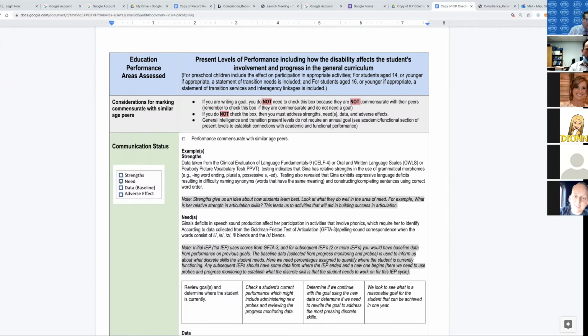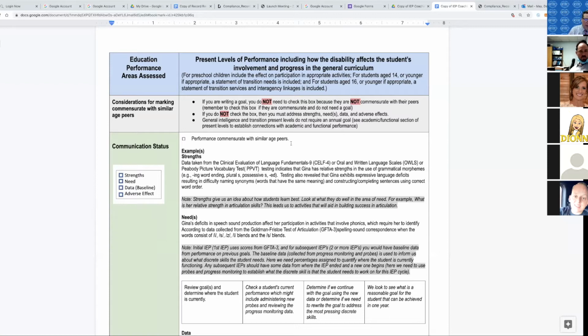You must have needs around skills. You must have progress data, and you must be able to discern what is the baseline for that student right now in present level. And then what is the adverse effect? How does the disability impact the student's academic performance and functional performance?